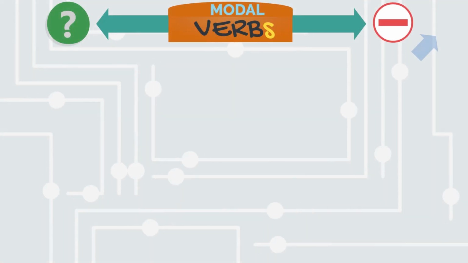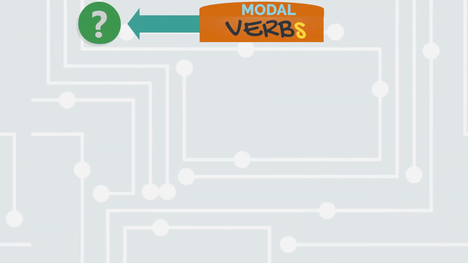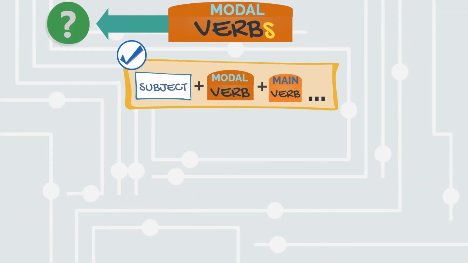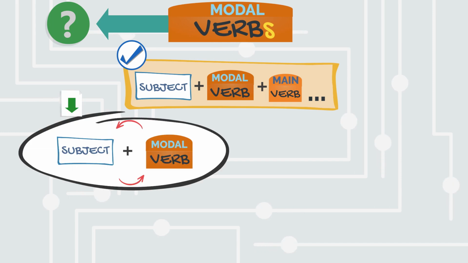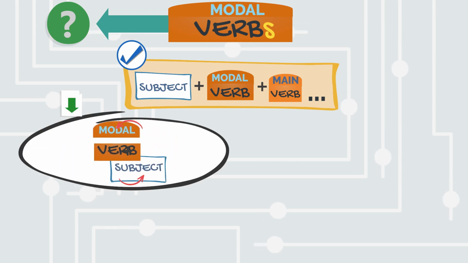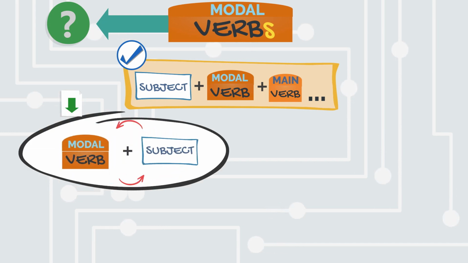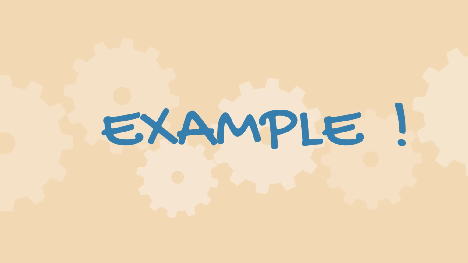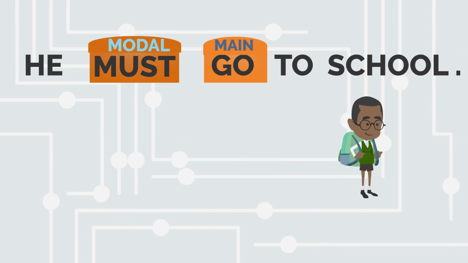To ask questions and make negatives, we use modal verbs like other helping verbs. For the question, we just move the modal verb before the subject. Example: he must go to school.